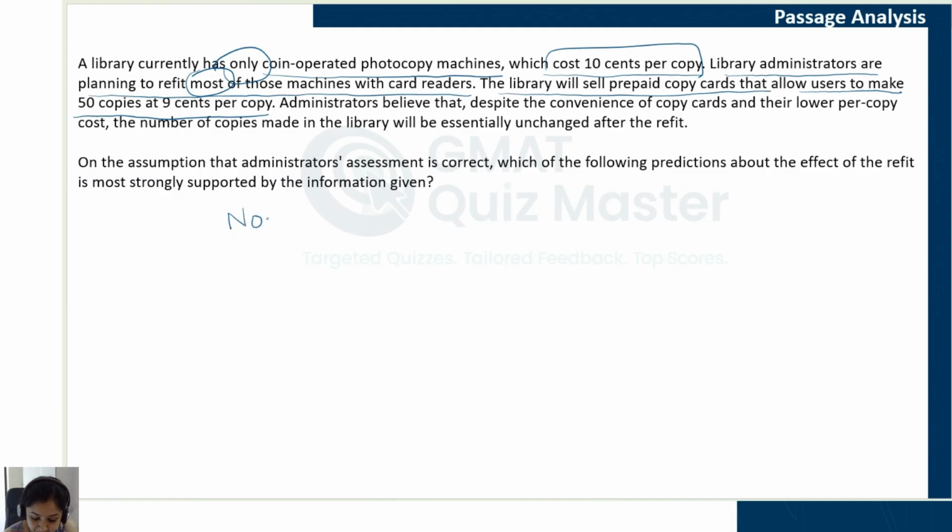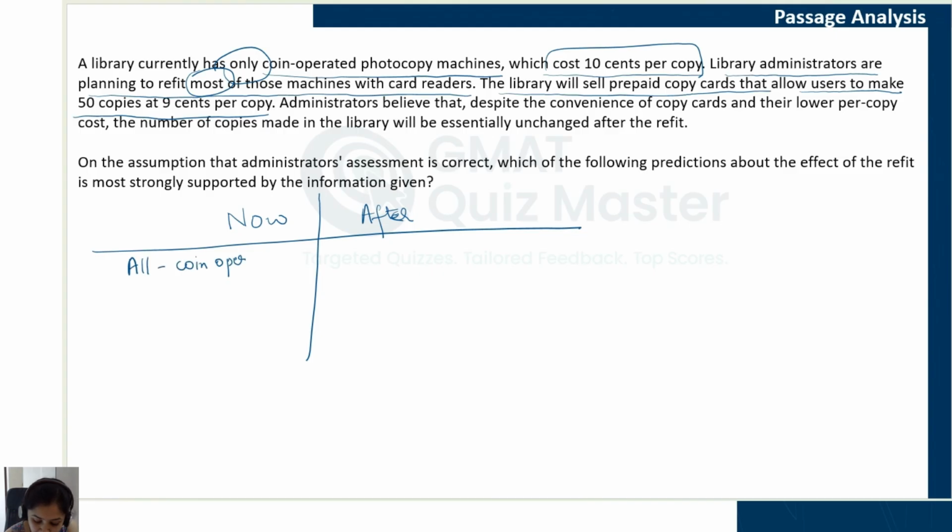Let's take a note of this information now so that we can retain it. This is after the machines have been refitted. Right now, all are coin operated. Afterwards, most will have card readers and some will continue to be coin operated.